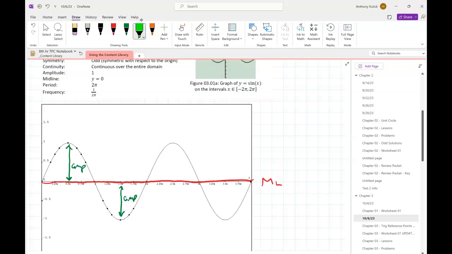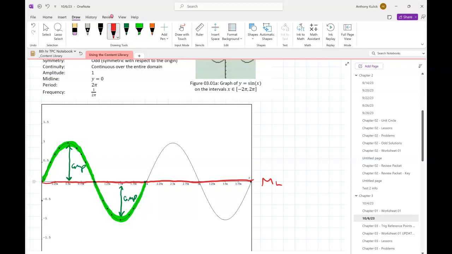So we said that this is a periodic function because it repeats itself. The longest non-repeating segment of our graph is called a period. So if I go from here, I do an up, and then I do a down, and I end back at a midline.